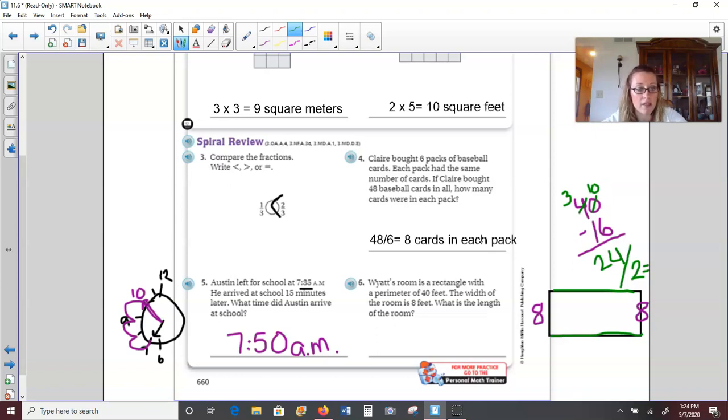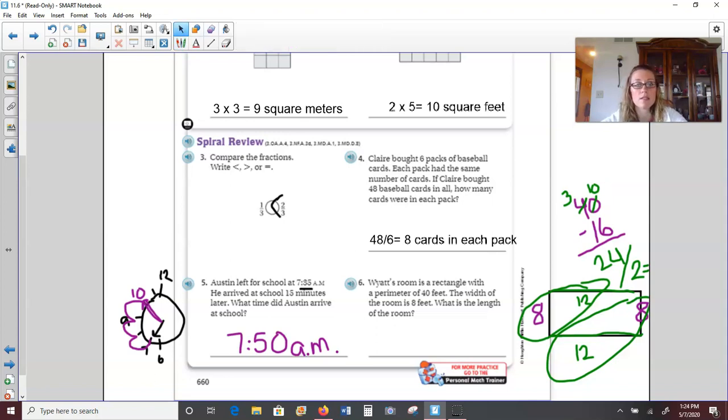Who's thinking? 12 plus 12 is 24. So now our rectangle here has a perimeter of 40 because I know 8 plus 12 make 20, 8 plus 12 make 20, and 20 plus 20 is 40. So we discovered that the length of the room would have to be 12 feet.